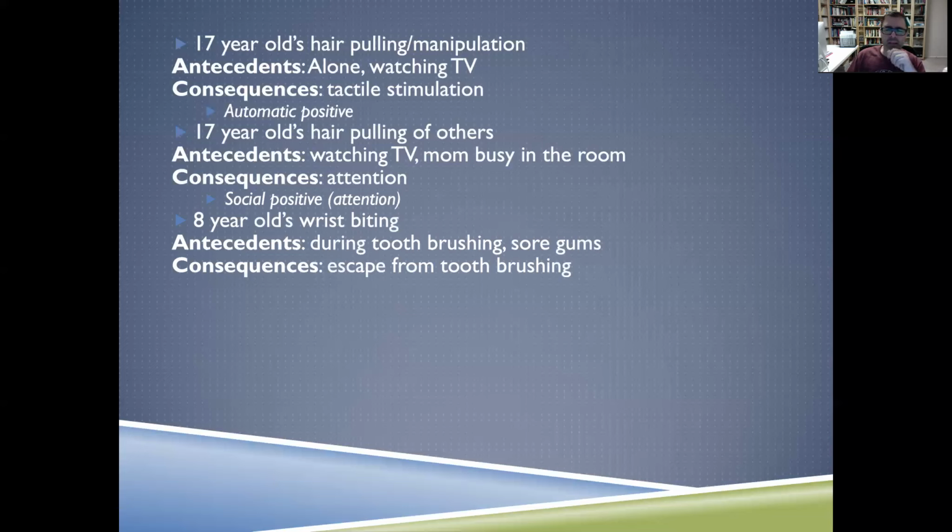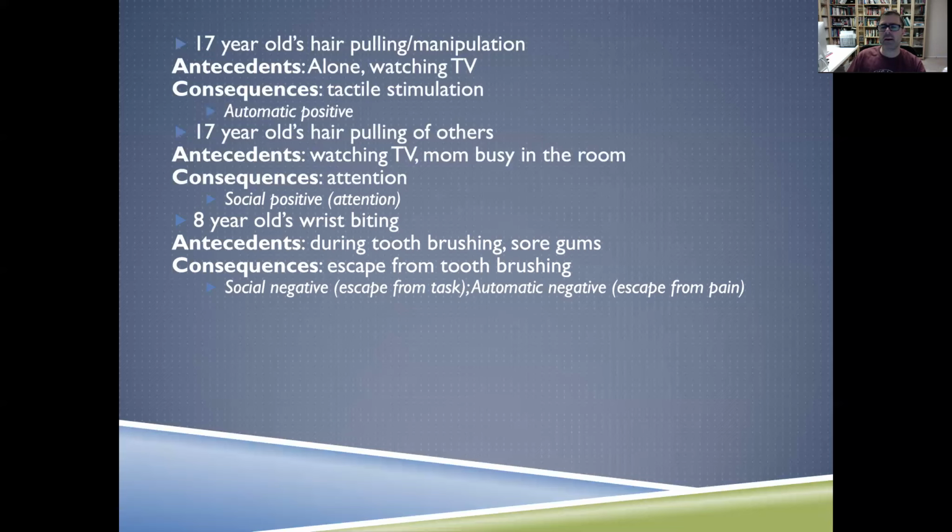An 8-year-old biting his or her wrist. Here we talked about this during toothbrushing, and it involves escape from the toothbrushing task. Now, there are two problems here, remember. The reinforcer is that the child escapes from the task, and also escapes from the pain.